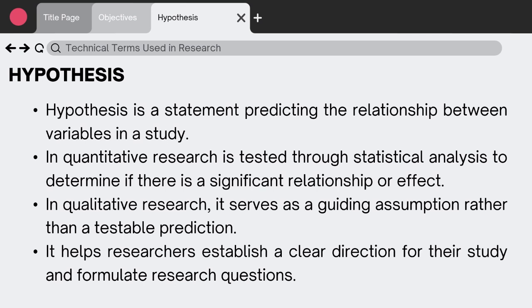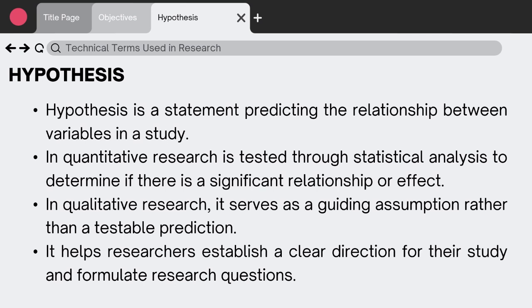So here we have the hypothesis. We have our statement of the problem, which are three questions. The hypothesis is a statement predicting the relationship between variables in a study. In quantitative research, it is tested through statistical analysis to determine if there is a significant relationship or effect. If we have the statement of the problem, we know what we want to address. And through the hypothesis, we might assume or predict what we want for our results.